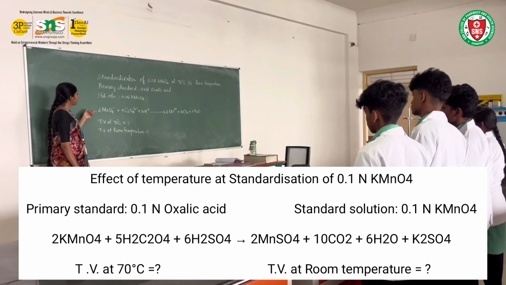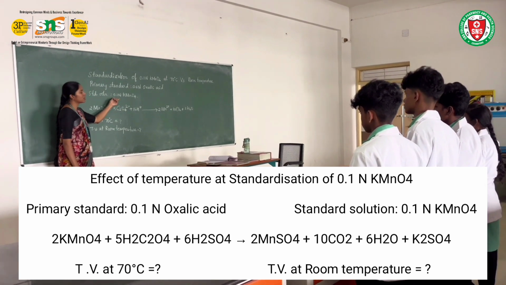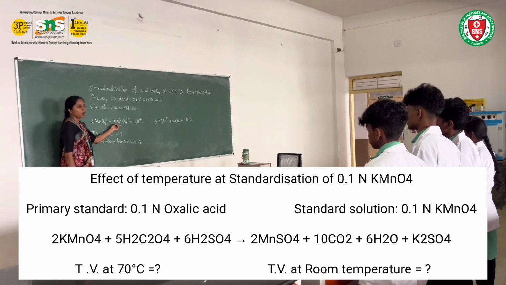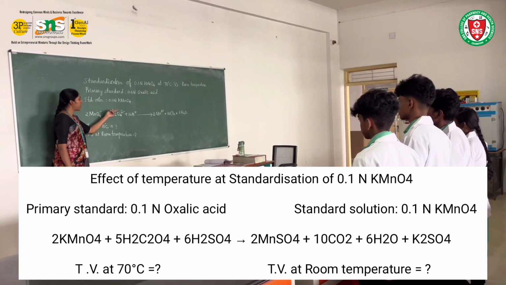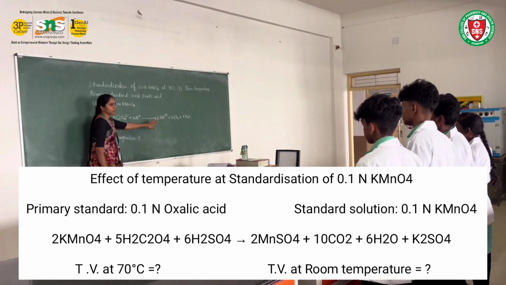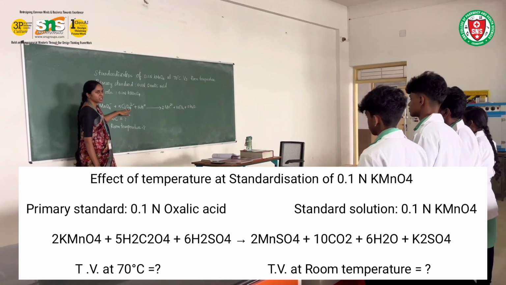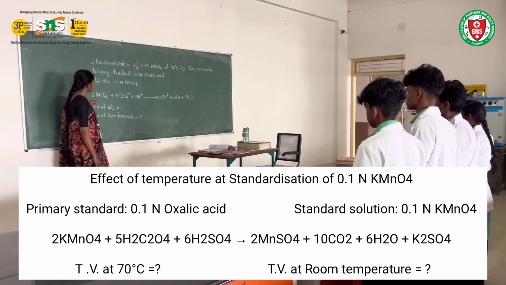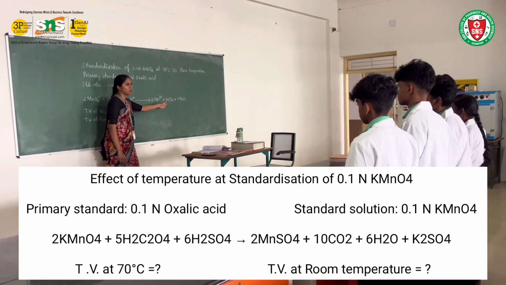When we titrate, the potassium permanganate, the oxidizing agent, will oxidize the oxalic acid, that is C2O4, but itself will get reduced into Mn2+ ions. Whereas the oxalic acid, which is a reducing agent, will reduce the potassium permanganate, but itself will be oxidized into carbon dioxide.